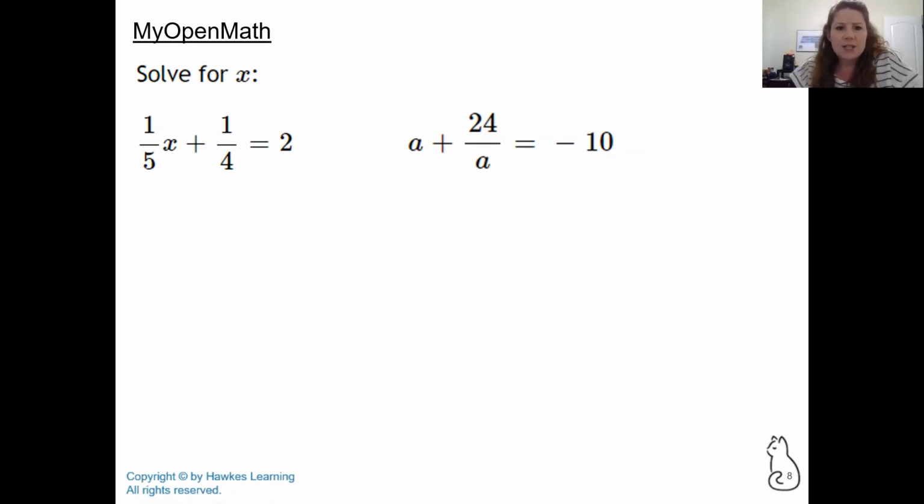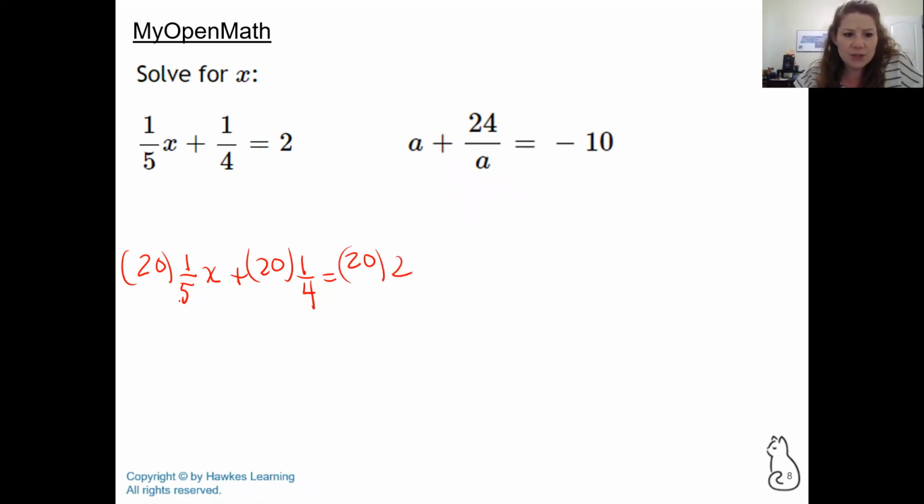So our least common denominator is going to be 5 times 4. So we're going to do 20 times 1 over 5x plus 20 times 1/4 equals 2, or 20 times 2.